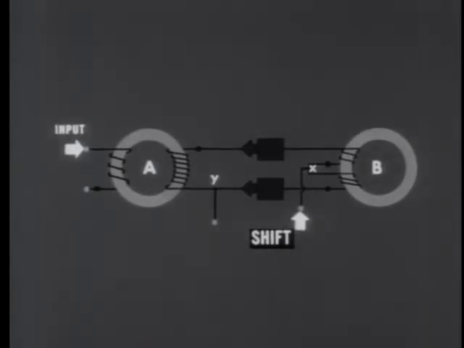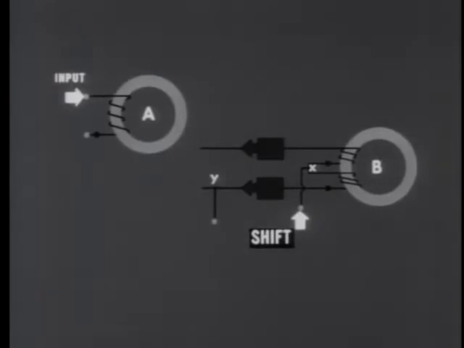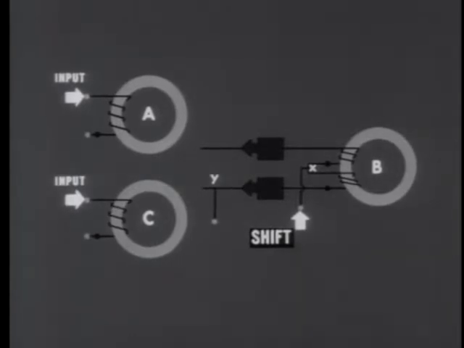The differences are all on the left. We won't be using the same kind of output winding. Core A has to be moved up to make room for the third core. These two, A and C, have identical input windings and identical output windings. Now, the output windings are unique.